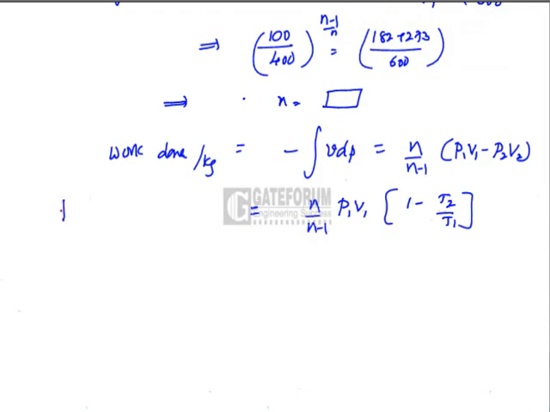Because air is an ideal gas, P2 V2 by P1 V1 is equal to T2 by T1.